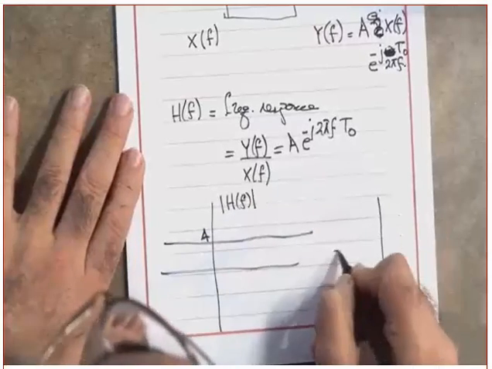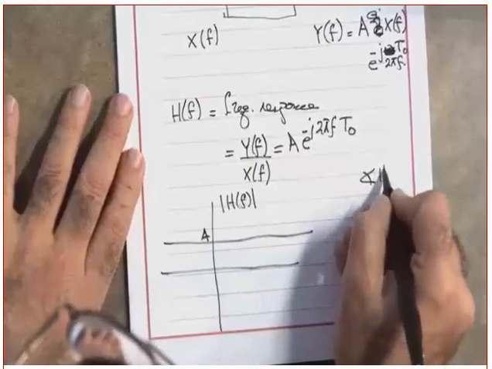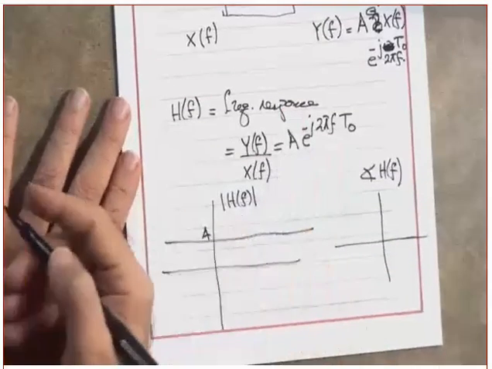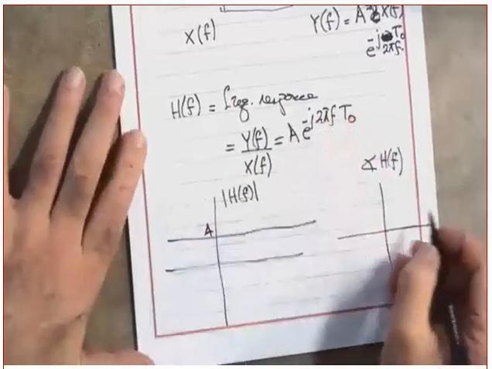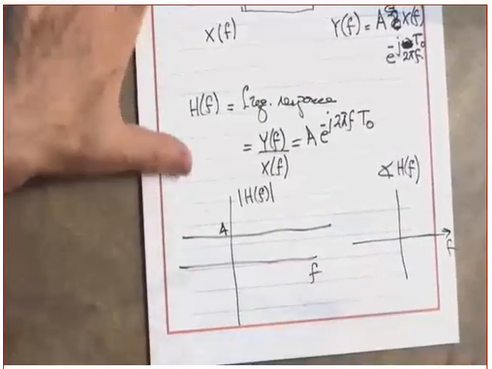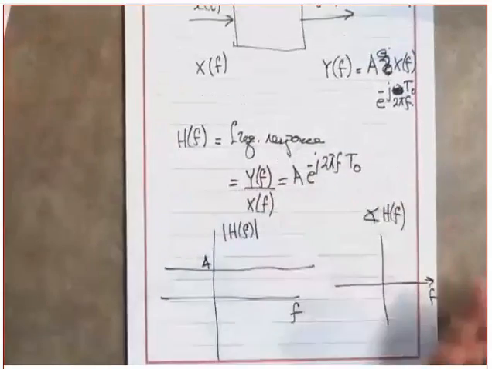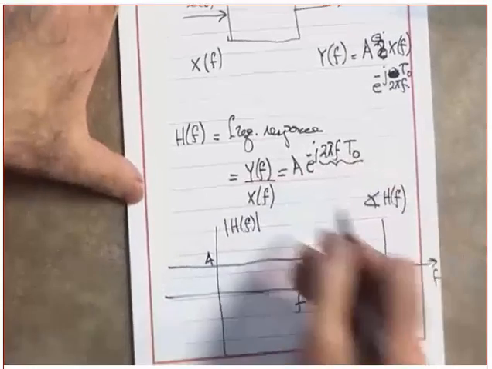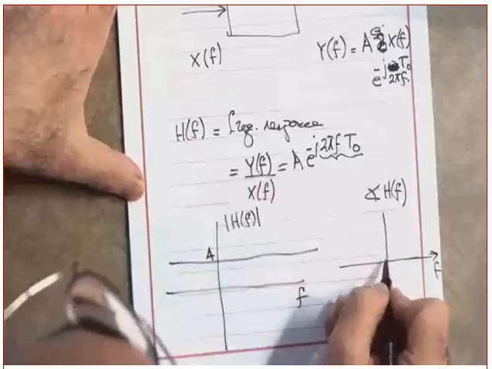What is the phase? This is f. Still waiting. Where is the phase? Can you give me where is the phase first of all? This is the phase. Yes? And because we have a minus sign, so what do I have?